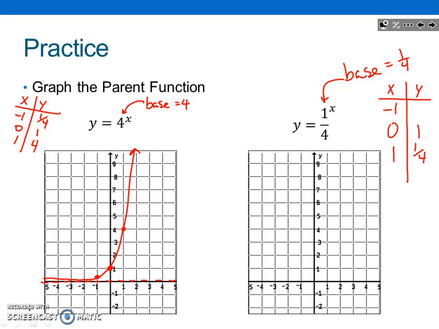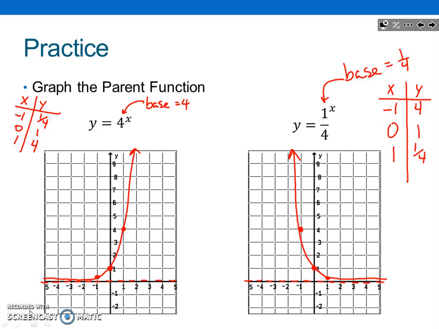So if my base is 1/4, its reciprocal would be 4/1, which is just 4. So I'm going to graph them: -1 and 4, 0 and 1, 1 and 1/4. Besides those 3 points, do not forget it has a horizontal asymptote. And I'm just going to draw my line, making sure I hit all my points. So that's graphing our parent function. Make sure you draw a table. It's going to help you out a ton.